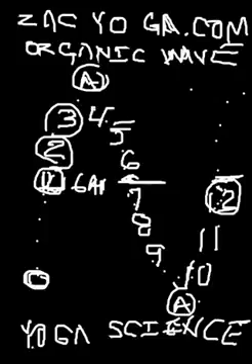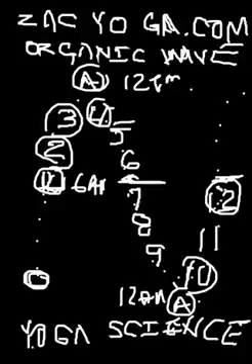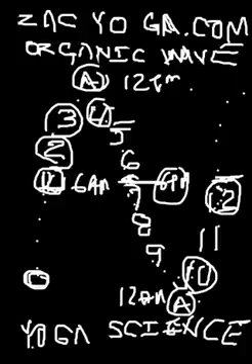Number 4 over here could be 12 p.m. And number 10 here is 12 a.m. And then on this side of this wave, we'll call this 6 p.m. So you can see where each part of this wave has a number distinction.